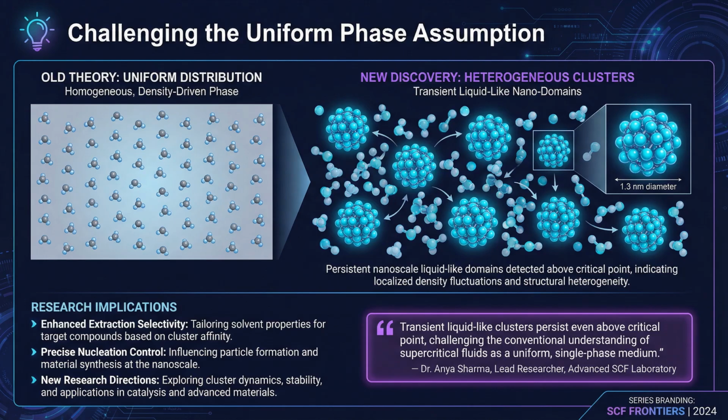These clusters persist even above the critical point. This discovery has significant implications for understanding extraction selectivity and nucleation processes, opening new directions for research and potentially explaining previously puzzling behaviors in supercritical systems.